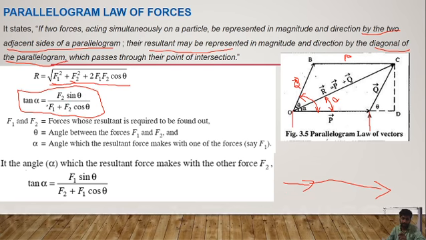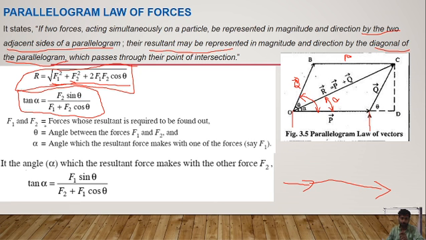Again, you have to study these two equations and learn them by heart by writing them 10 or 20 times in your notebook. The first equation is easy to understand, but this tan alpha one is a little confusing, with sin theta and cos theta. So if you have any confusion, just write it 10 or 20 times. That will help you understand this equation.